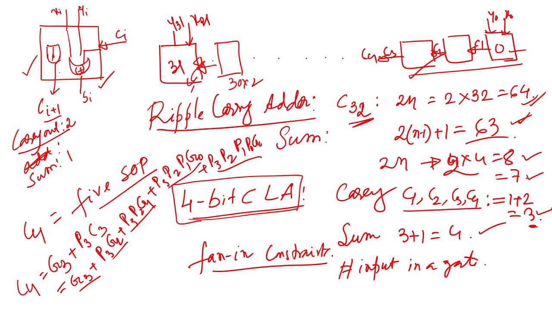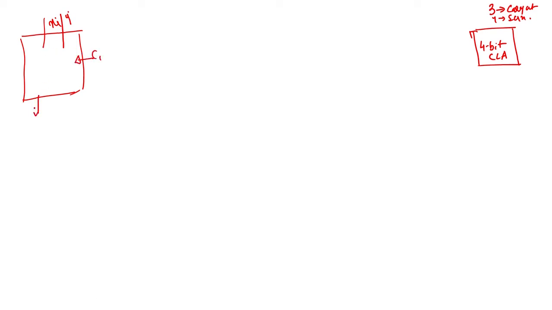Let us say we start from here, this is a 4 bit CLA. We know the 4 bit CLA has 3 for carry out and 4 for sum. Do not forget the basic structure: xi, yi, and ci, you have gi, pi.